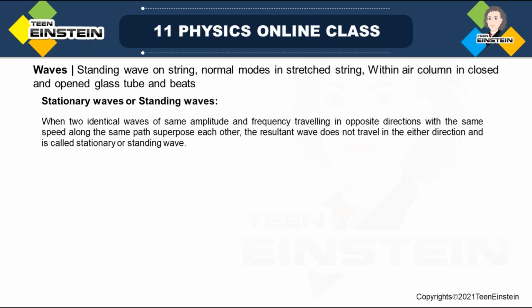So we had given a very common example, that is the straight string between two rigid supports. If you just pluck it and then leave it, there will be a wave produced. It will go from this end and get reflected back, and then the reflected wave will be out of phase.